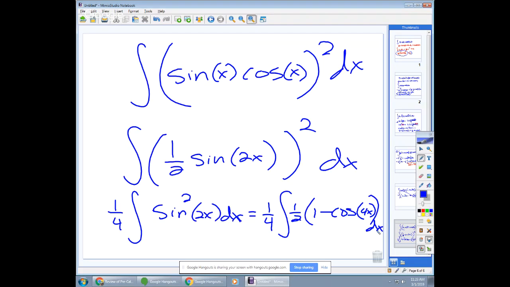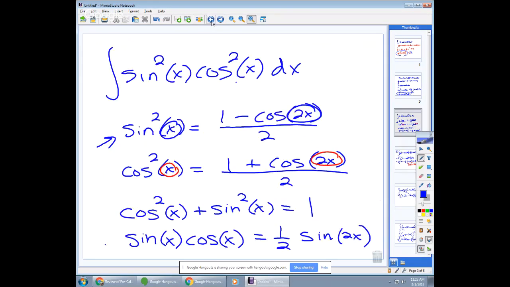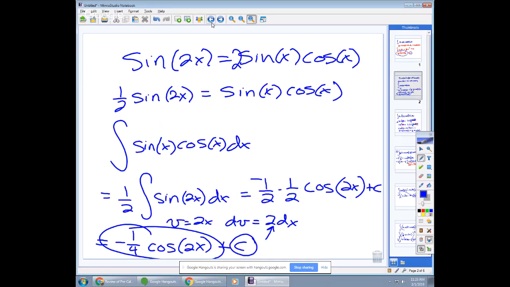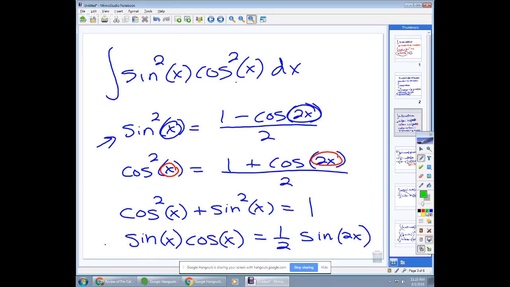How'd you get cosine of 4x? The formula, oops, too far. This one, yeah, says that if you have a sine squared of some angle, you can replace it with 1 minus the cosine of double that angle. Oh.